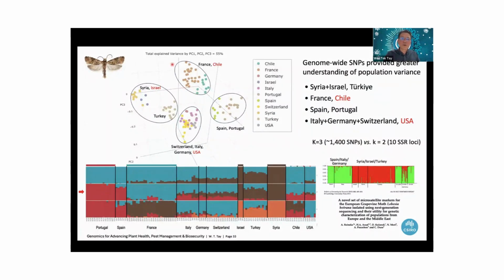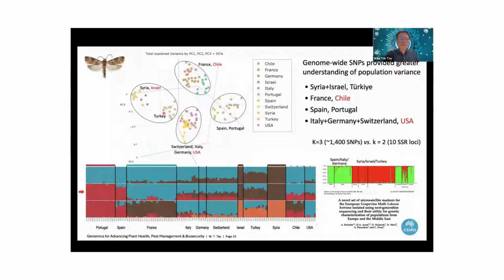Importantly, we see that the native populations match pretty much the geographic region of the native range, such as France being by itself, Spain and Portugal being by themselves, neighboring each other, Italy, Switzerland, and Germany being very similar, as you know from the map of Europe, and also Turkey having a unique population, and Syria and Israel being very similar.